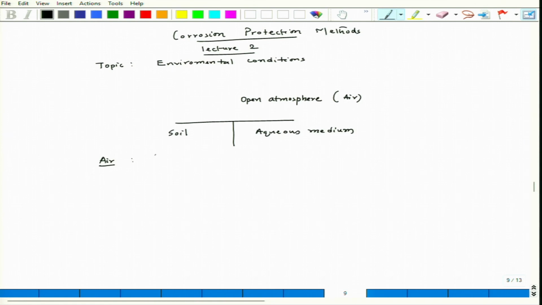So, in the air, what are the conditions? One is the presence of oxygen. It could be low, it could be high. When we talk about high, let us say normal atmospheric pressure, we can say it is on the plane, and here it is high altitude.